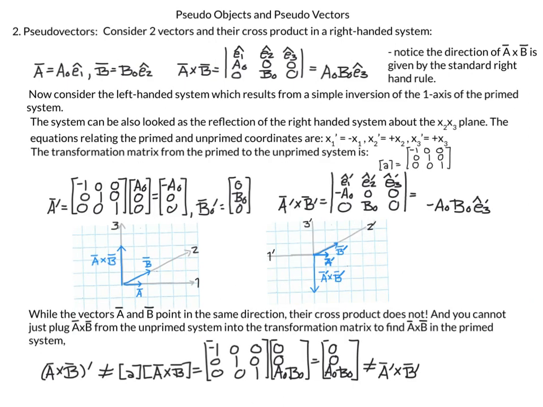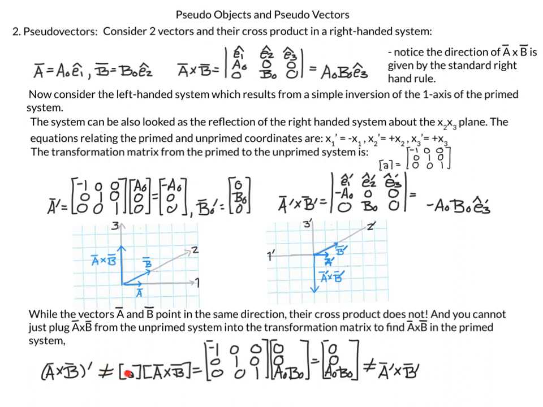So what we have is, while the vectors A and B point in the same direction in the two systems, their cross product does not. Here the cross product points up, here the cross product points down. And you cannot just plug A cross B from the unprimed system into the transformation to find A cross B in the primed system. In other words, I can't say that A cross B prime is equal to A times A cross B, which is what we'd like to be able to say.